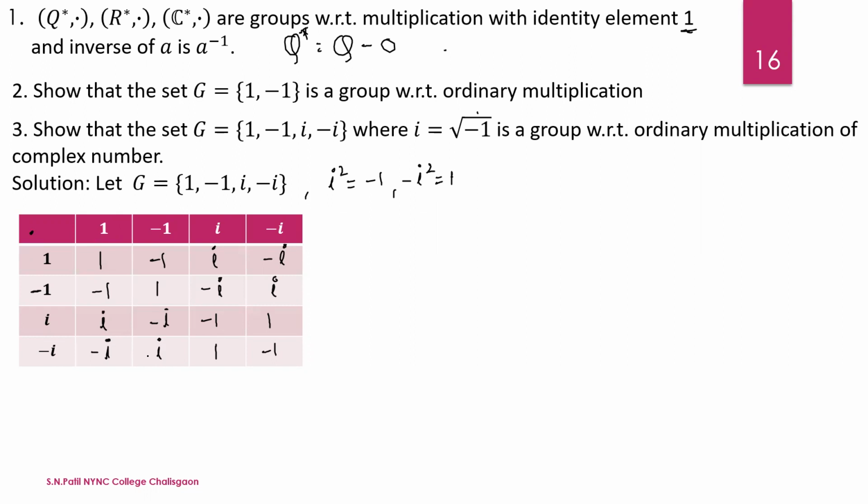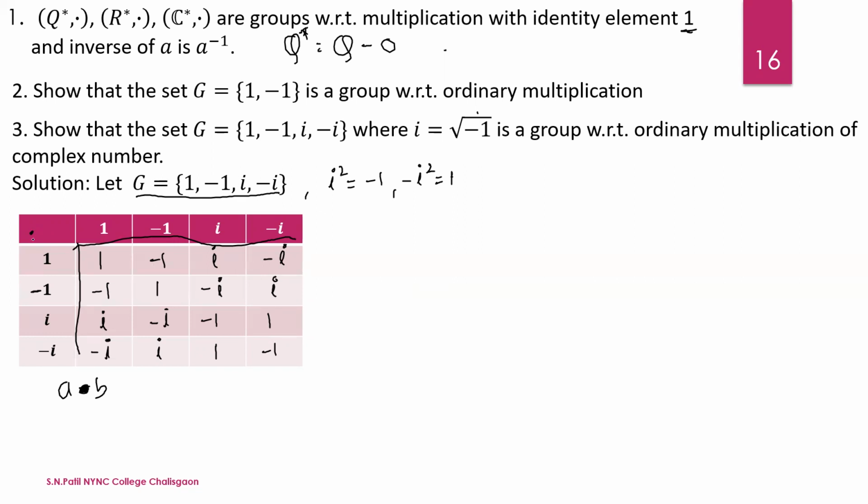Okay, now from the composition table, if we see all the entries inside the table, they are elements of set G. That is, the resultant is closed under the multiplication. Hence take any two elements A dot B, where the operation is dot.